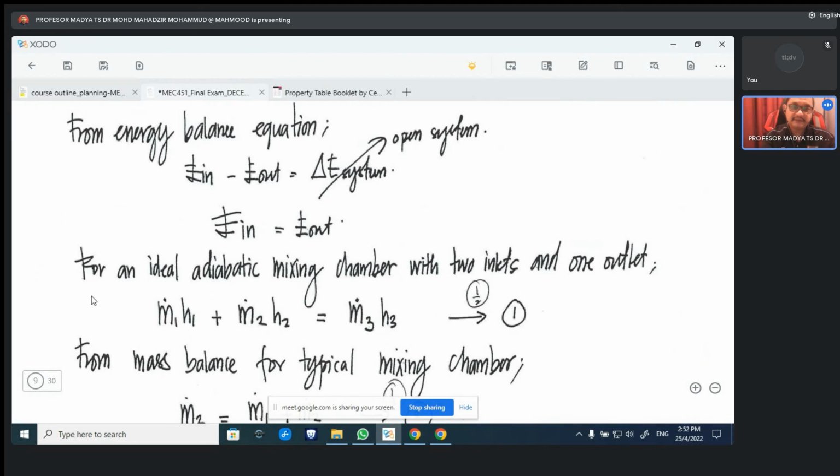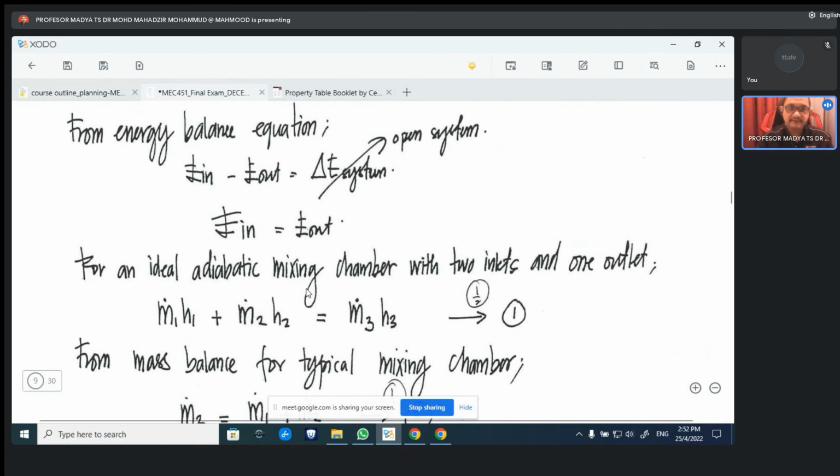So for an ideal adiabatic mixing chamber with two inlets and one outlet, when we put it together, Q minus W is equal to delta H plus delta KE plus delta PE. Okay, what happened here?